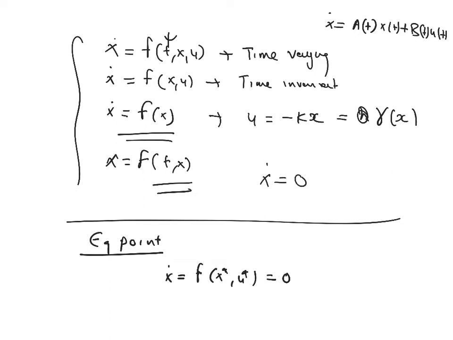You have to solve for it; if it does not depend on u, it's only x star. Equilibrium points were not that important in linear systems, but in nonlinear systems they are very important. You will see that in linear systems there were no multiple isolated equilibrium points.